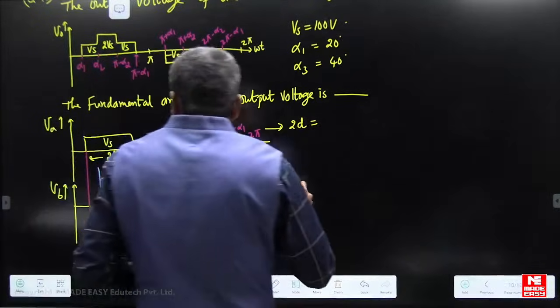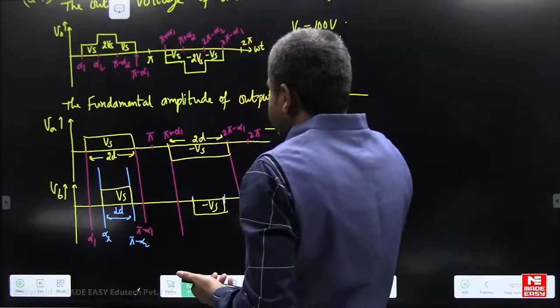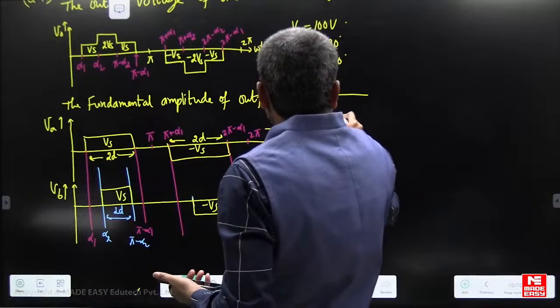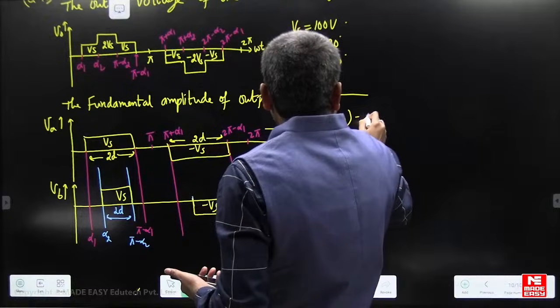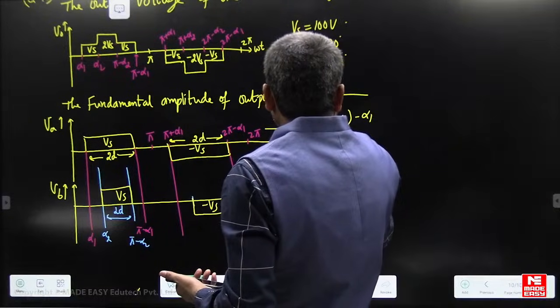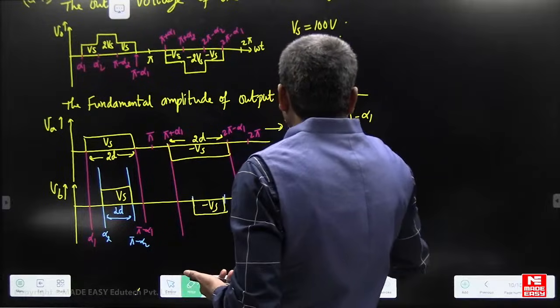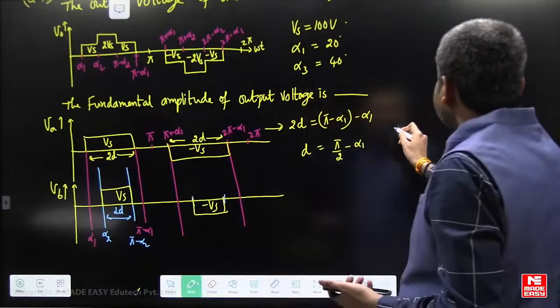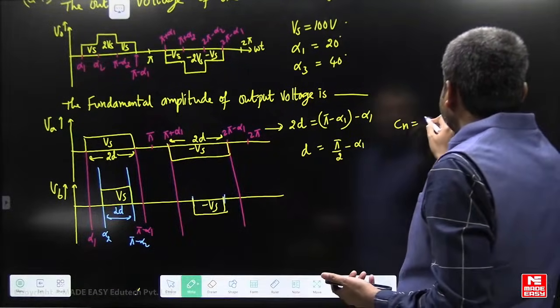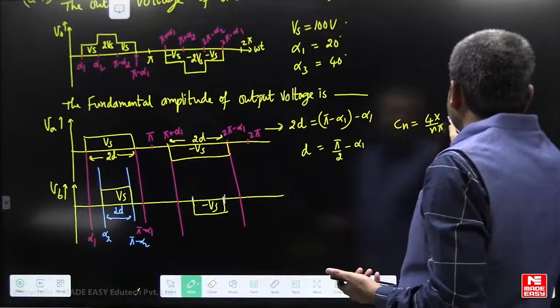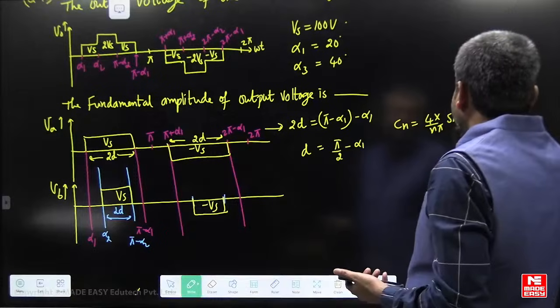So, first of all, in the first case the pulse width is pi minus alpha 1 minus alpha 1. So, d is equal to pi by 2 minus alpha 1. For a quasi square wave, the nth harmonic amplitude is 4Vs by n pi sin of n into d.